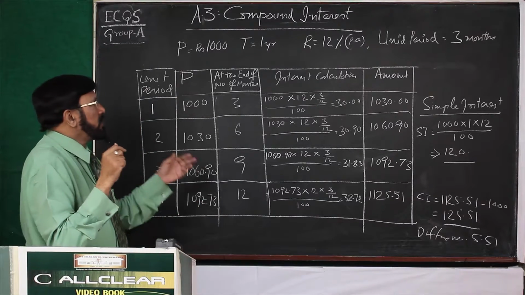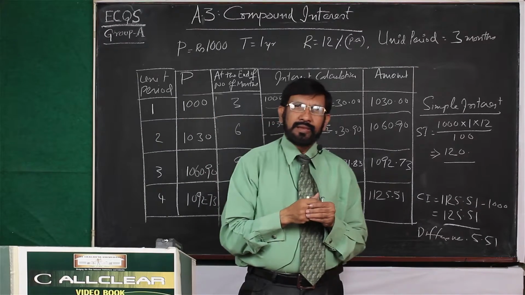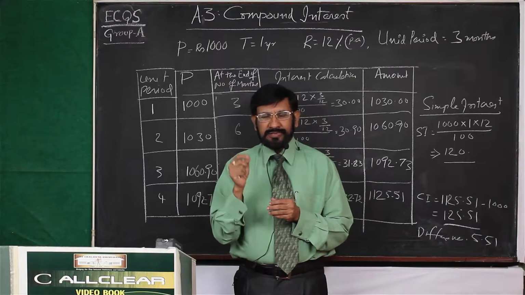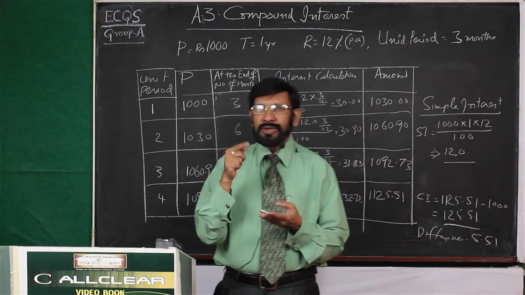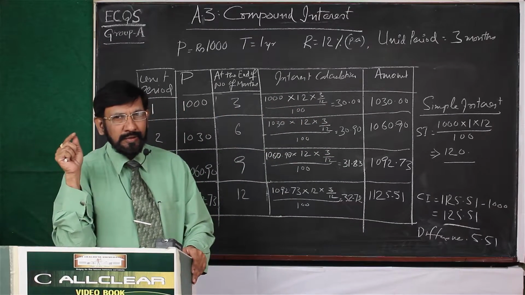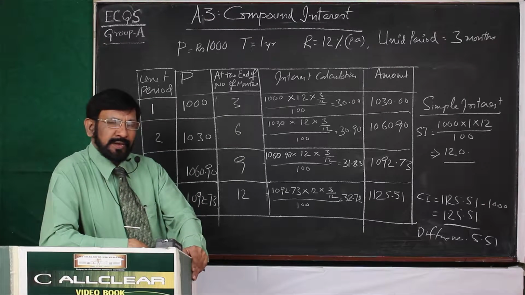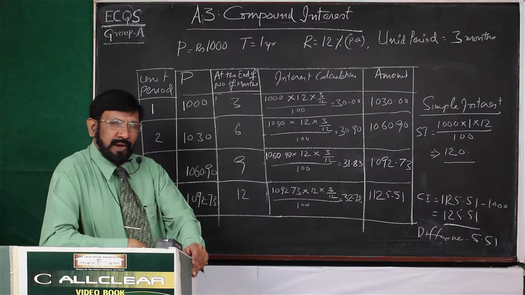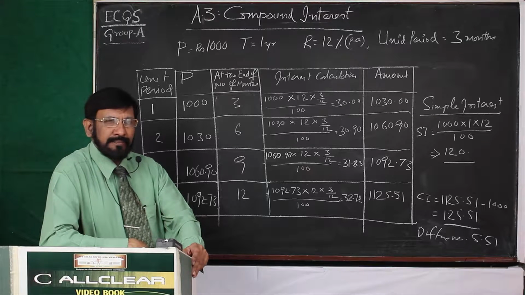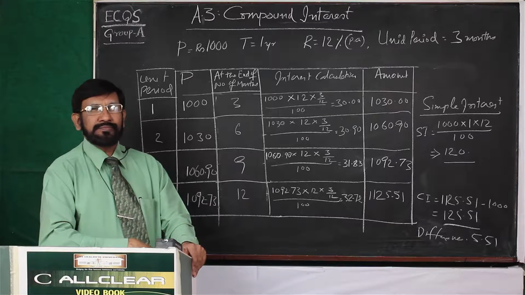But in the compound interest calculation method, interest is calculated not only on principal but also on the accrued interest. For this purpose, at the time of loan, the debtor and creditor agree upon a unit period.